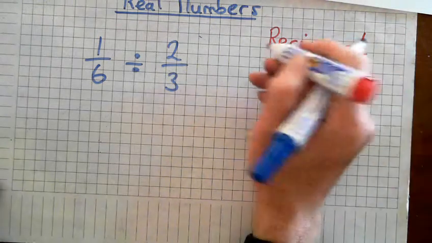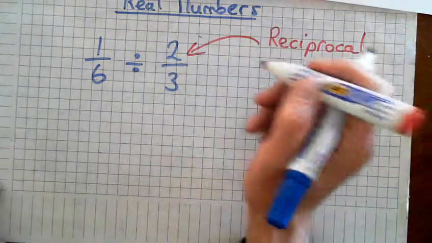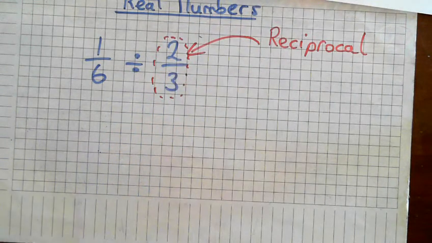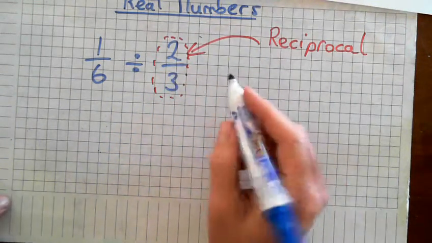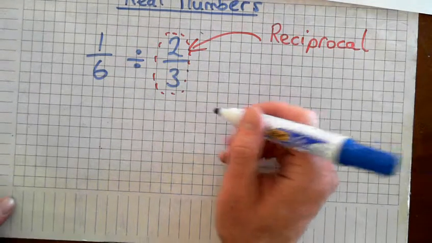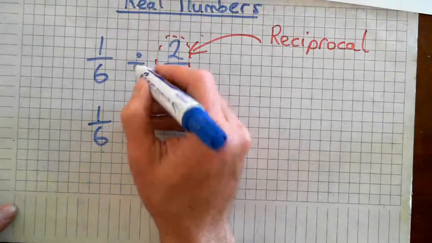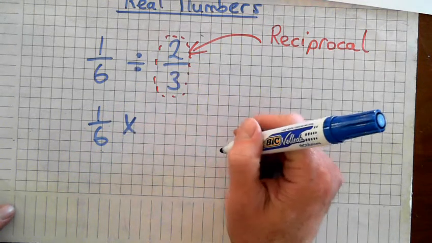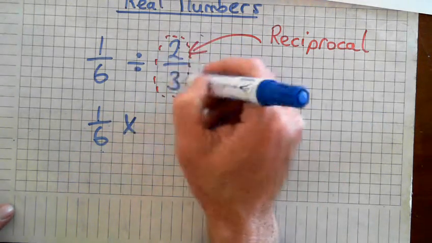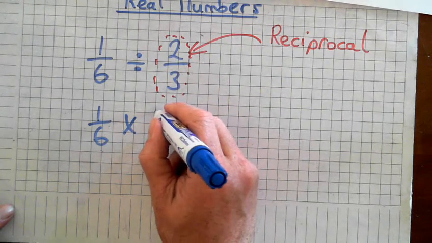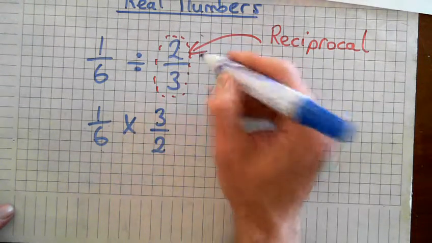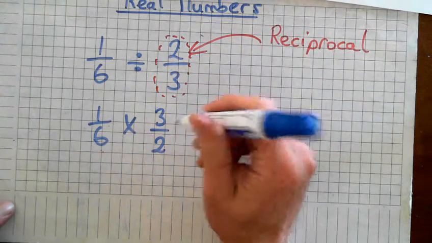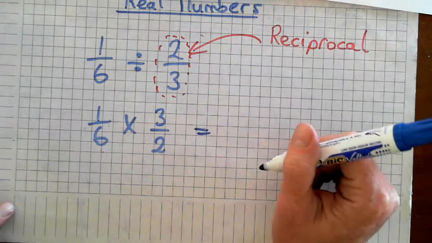So we are going to get the reciprocal of 2 over 3, which is 3 over 2. So when dividing fractions, you go 1 over 6, you change the division sign to multiplication, and you flip this upside down. The reciprocal of 2 over 3 is 3 over 2.